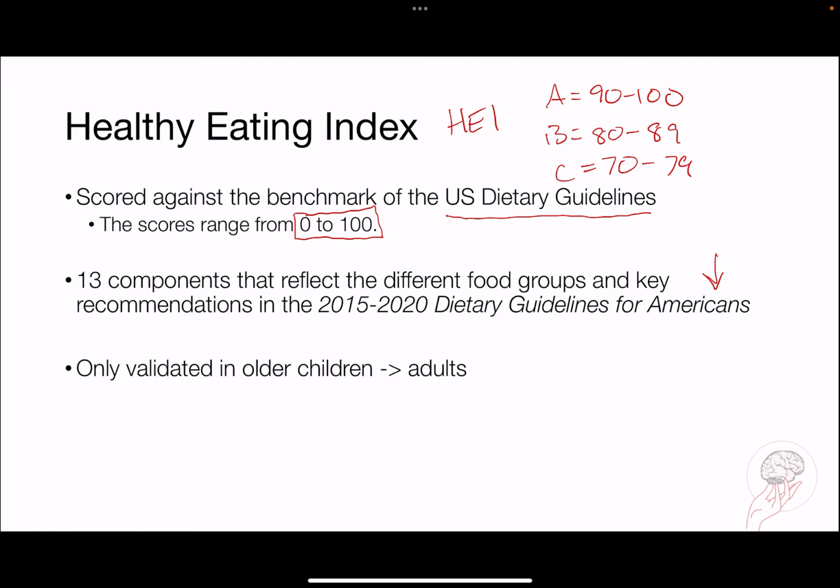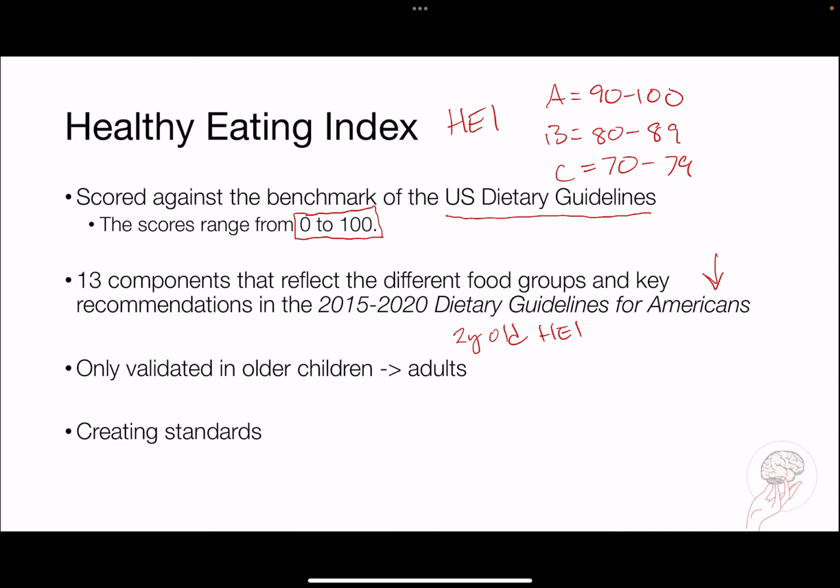They do now have a 2-year-old Healthy Eating Index. It gets tricky in infants and children who are still breastfeeding because, as you can imagine, it is difficult to quantify how much breast milk a child is consuming.